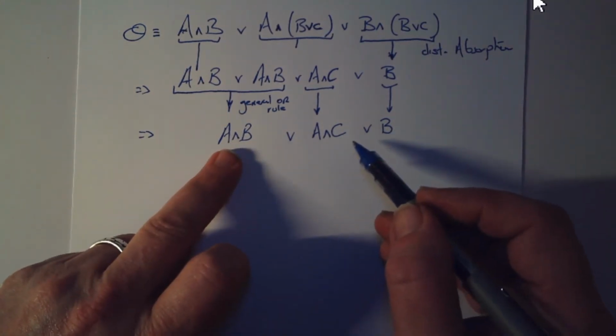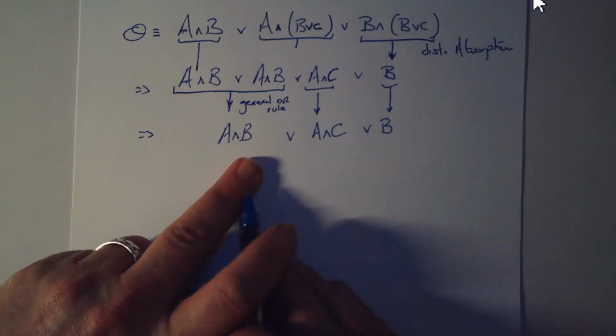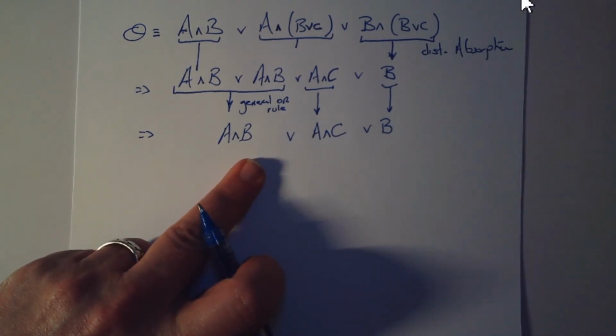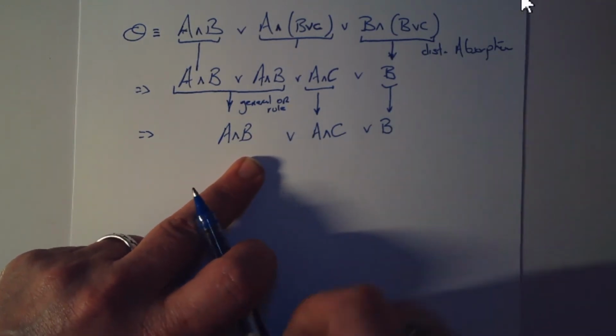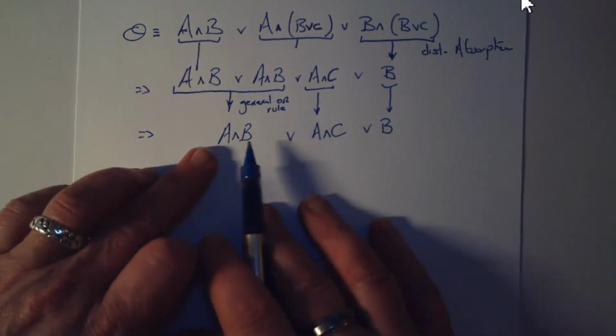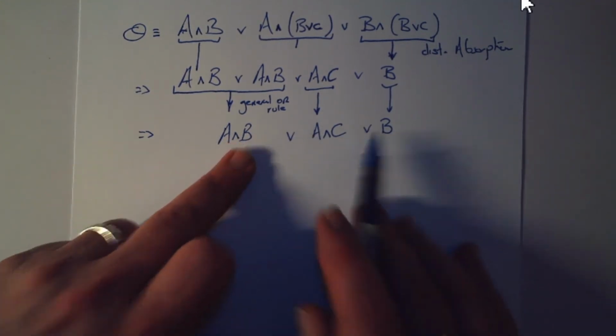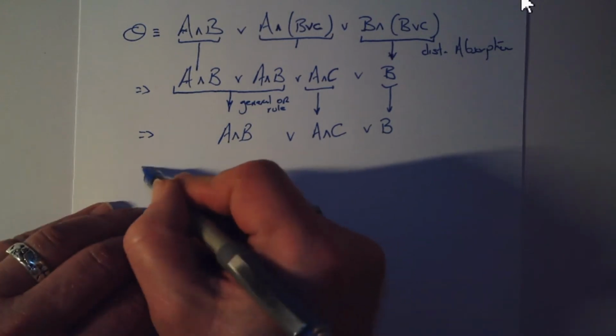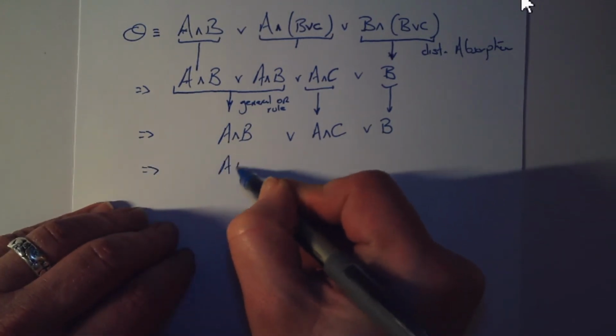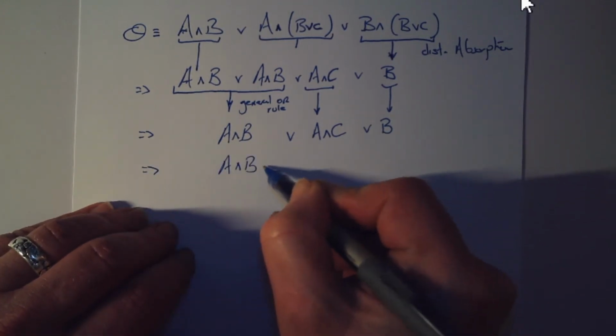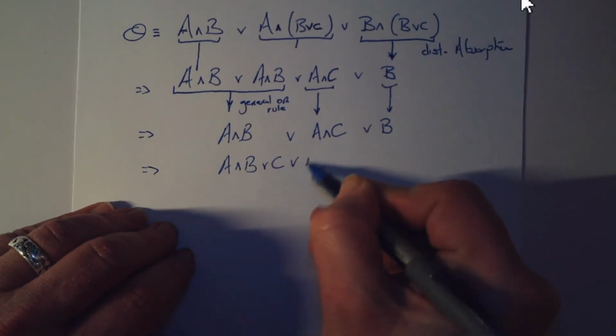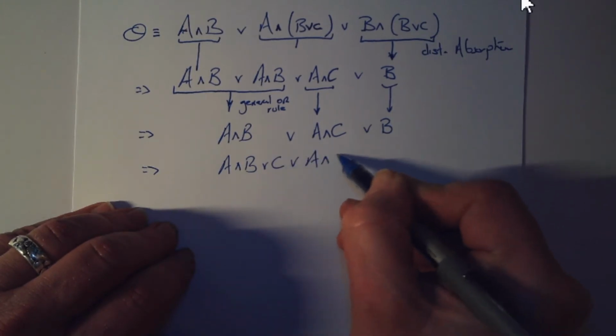If you remember, that's one of the examples of the rules. Which rule was it, guys? Can you remember where we can move the terms around? Okay, actually the commutation rule. So I'm going to move the B over here because I've got two like terms. This is going to become A and B, and then or B, or A and C.